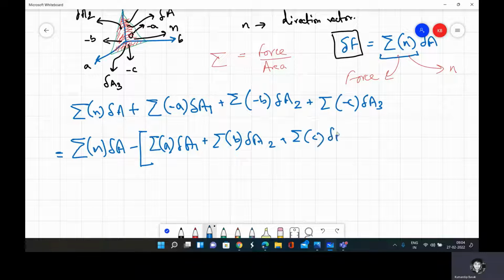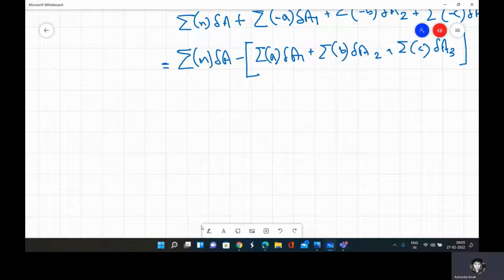So it will become like this. We get another expression. Now just understand the orthogonality of vectors. What are the surfaces dA1, dA2? How can we define them with respect to dA? This is the vector geometry part.